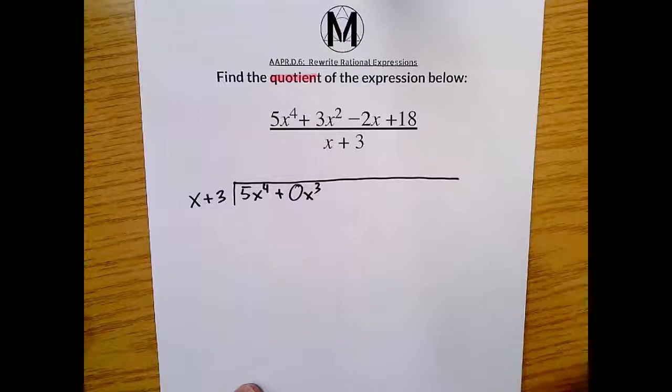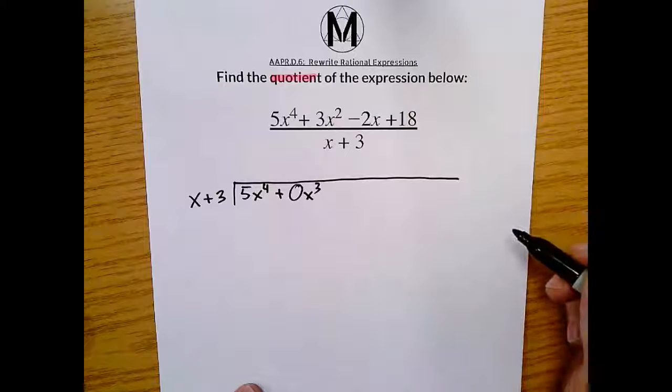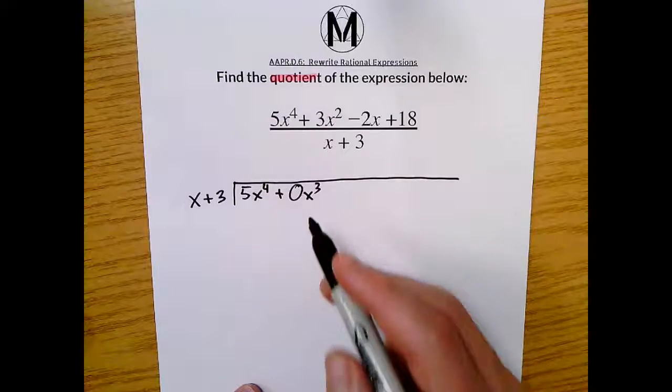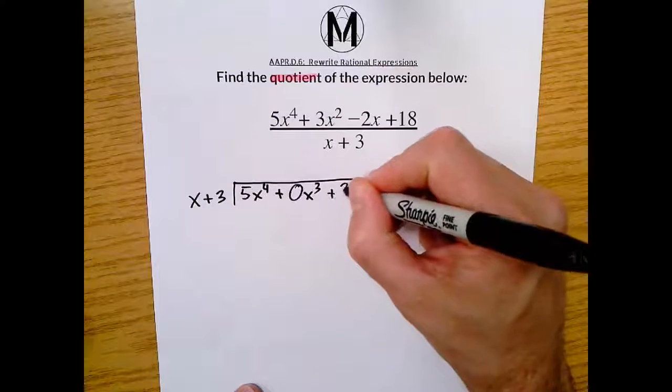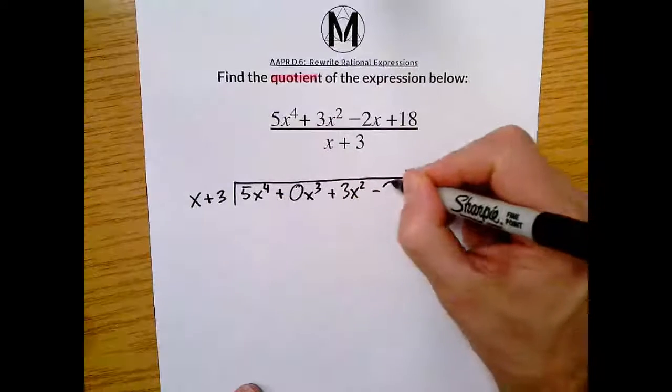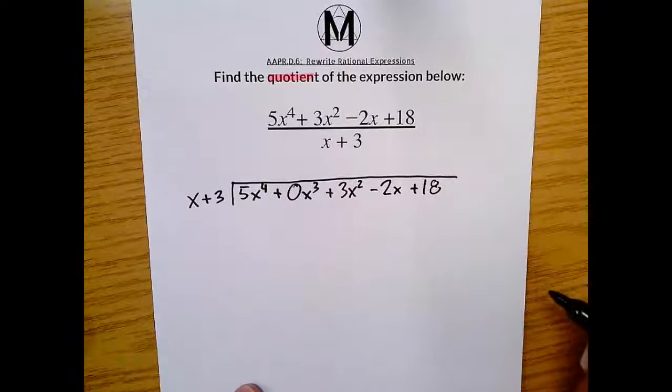That is really just a placeholder to make sure that we have a 4, 3, 2, 1, 0 situation with all our degrees in descending order. That means they're going down. Okay, so now I can just copy in. Great, and at this point I'm now ready to do my work.